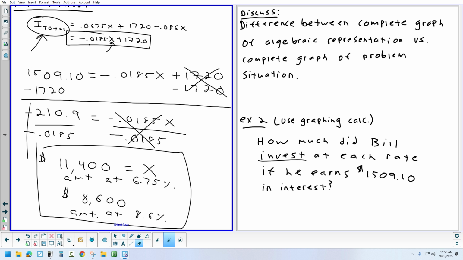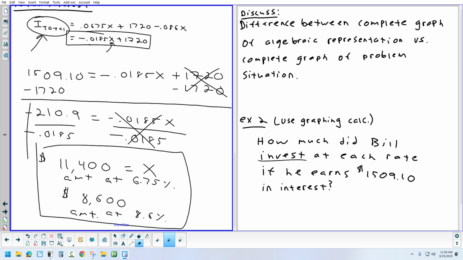Remember, this question did say how much did Bill invest at each rate. So if you forget to do each and you only do one answer, then you've done like 95% of the work. You just forgot to subtract from 20,000 to get the second answer. I thought that the equation with the 1720 in it was both of the interest rates combined.